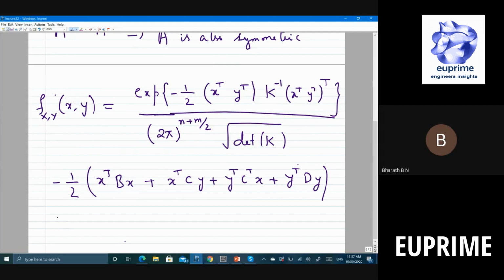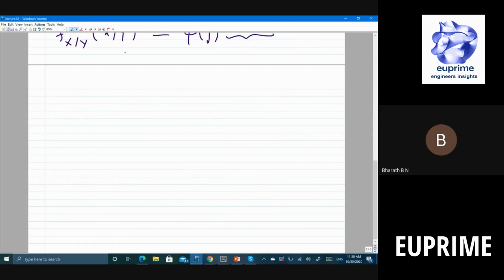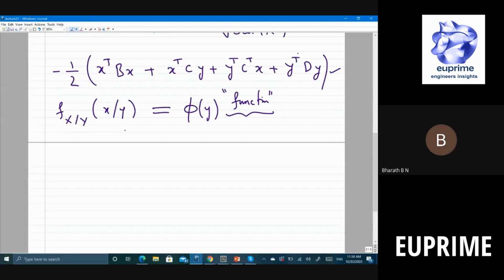Fine. Now f of x given y will be of the form f of x, y divided by some phi of y, and some other function. This is the general form. Do you agree? Now look at the exponent here. I can rewrite it in a slightly different fashion.